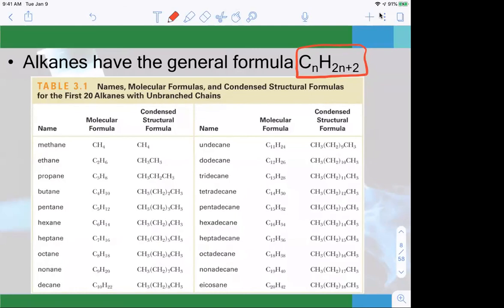So notice this system: meth is 1 carbon, eth is 2 carbons, prop is 3 carbons, but is 4 carbons, pent is 5 carbons, hex is 6 carbons. You need to know these prefixes. These prefixes are really important.